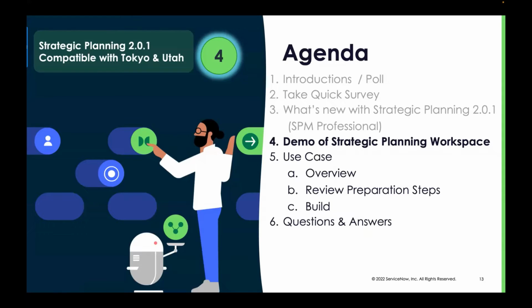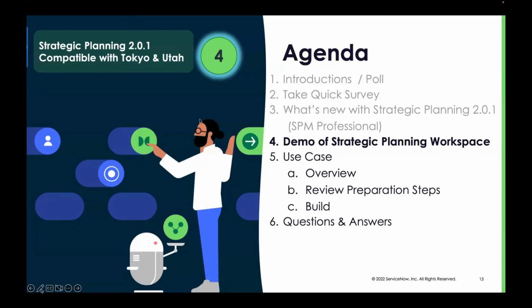Now, I'd like to take a look at the features within Strategic Planning 2.0.1. And again, for demo purposes, my instance is on the family release of Utah. I'll be walking through the navigation of Strategic Planning Workspace included in the professional licenses.